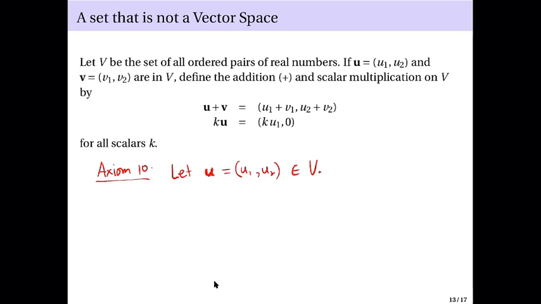Then 1 is a scalar. If you multiply it to U, according to our definition of scalar multiplication in here, this will just be 1 times U1, comma 0.